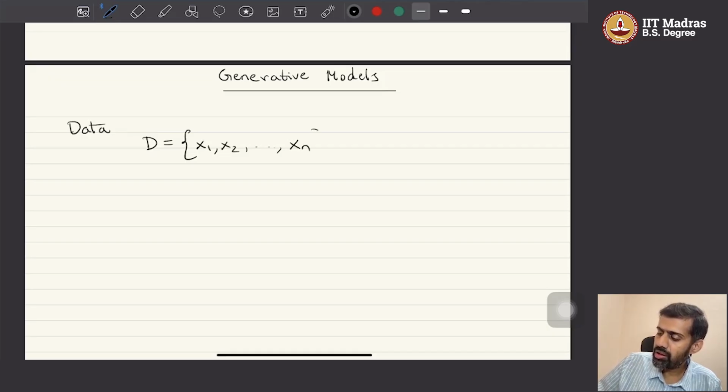So we have n data points that are all sampled IID from an unknown distribution Px. Now we have this particular setup where we wish to build a generative model. So the goal is to learn to sample from Px, learn to sample from the distribution.